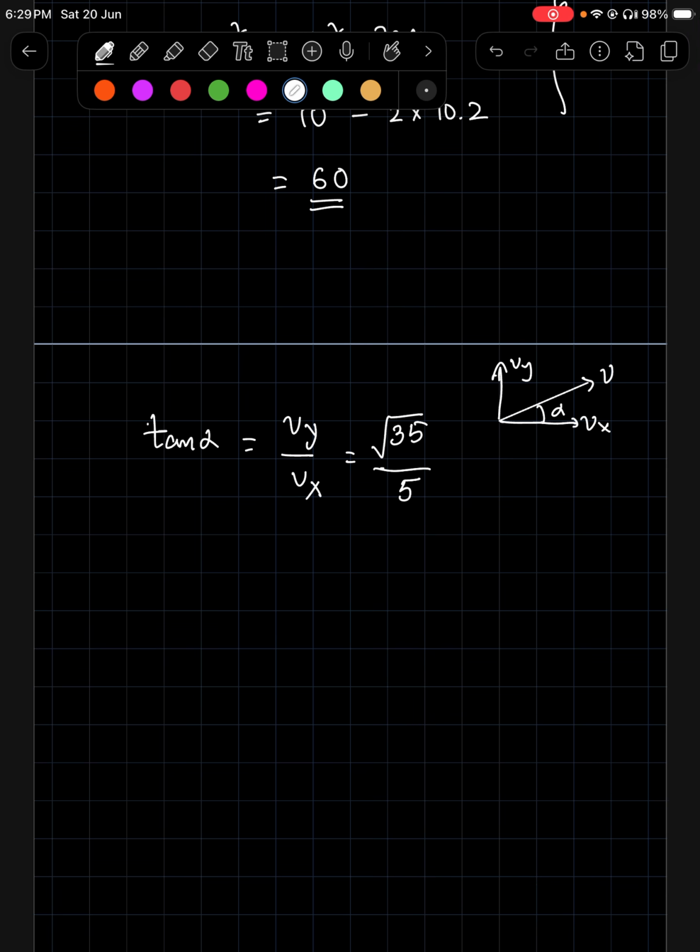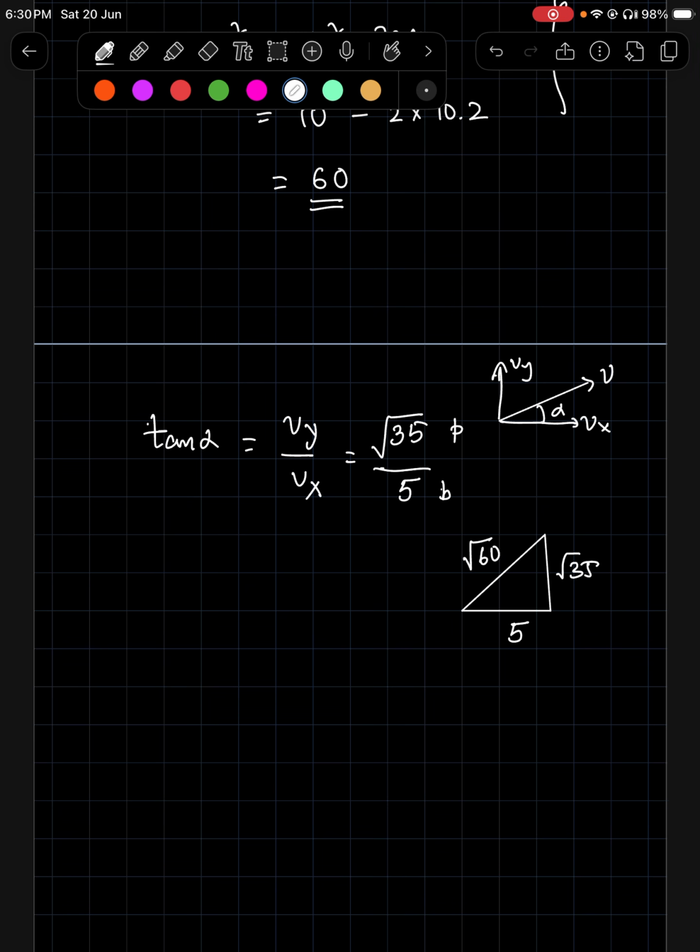So from the tan alpha, we can find the cos alpha. Okay, how can I find the cos alpha? It is also a shortcut to get this. So I will assume this is the perpendicular, that is root 35, and this is the base. So the hypotenuse is the sum of that, that is root 60, which we have already found for the velocity, right?